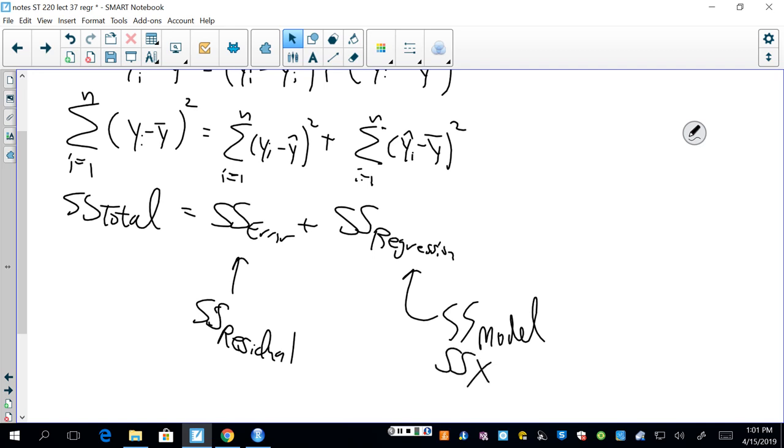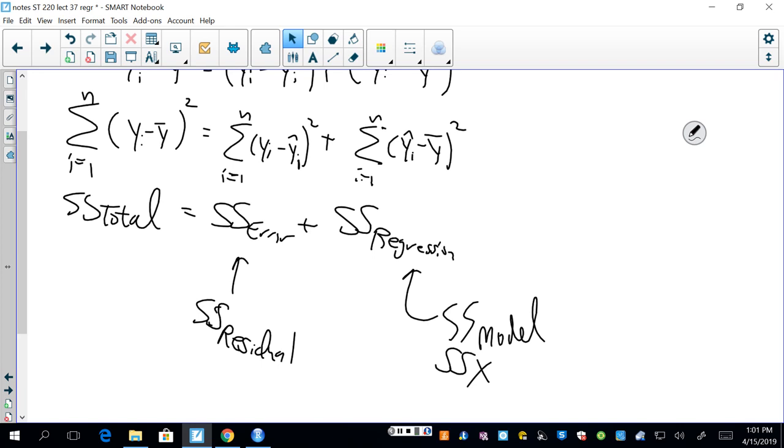So the sum of squares total gets decomposed into this error, which we hope to make small, and this one due to the model, which we hope to make big. So if the y's are all close to the y hats, that's the y hat i, if those errors are small, that'll be good, and you'll get a small sum of squares error.